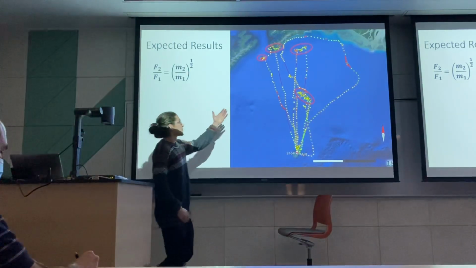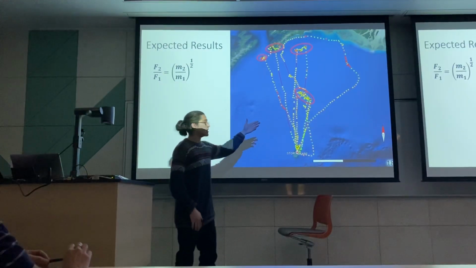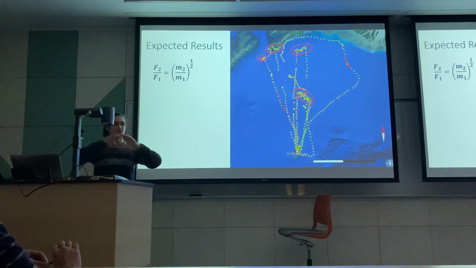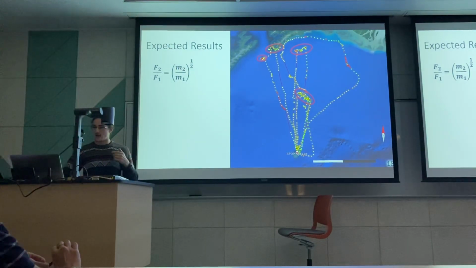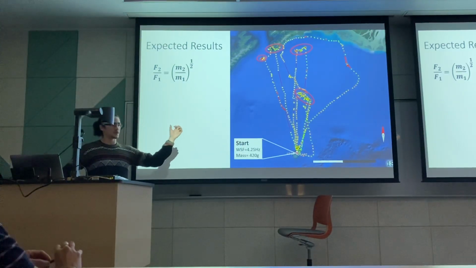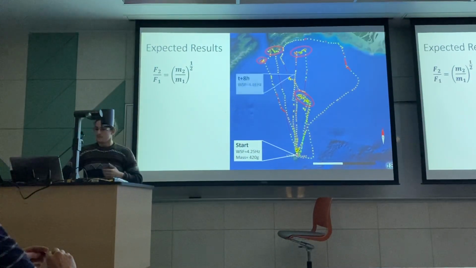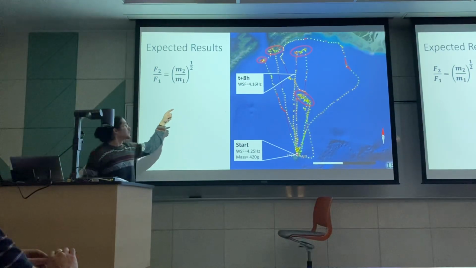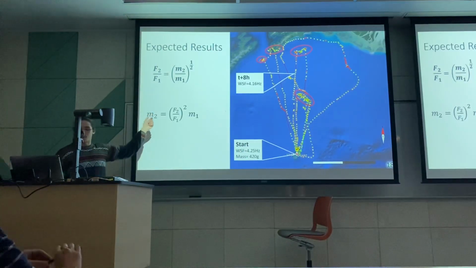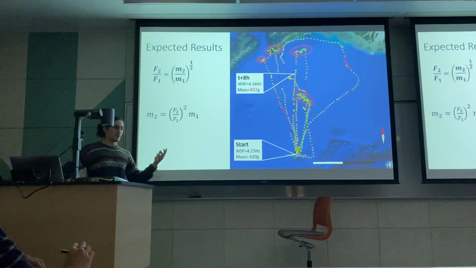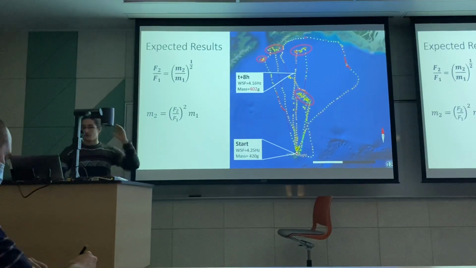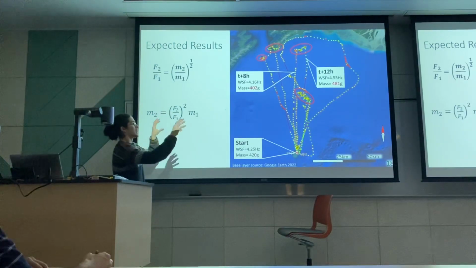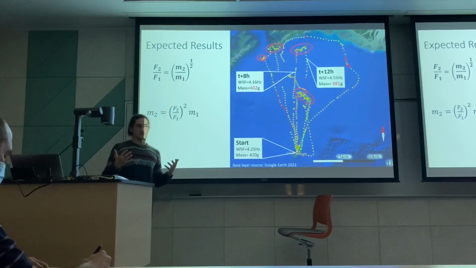where clearly the birds are moving based on the speed of their travel, but they're moving in kind of irregular patterns, which suggest that they might just be foraging at those locations. And so if we have a wing stroke frequency measurement at the beginning and a body mass, and then have another wing stroke frequency, then we can plug these values into this rearranged equation, and then get the resulting mass from their wing stroke frequency before the foraging event and after the foraging event, thus giving us the amount of fish that was ingested throughout this foraging event.